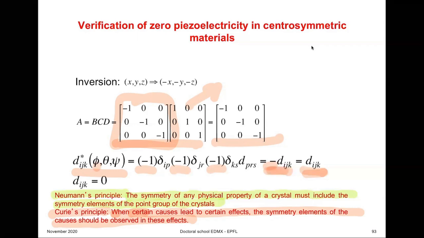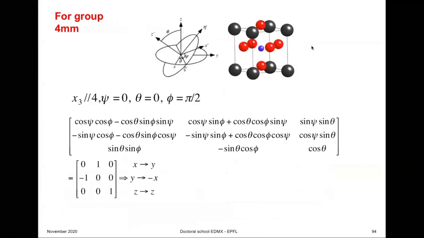If something is equal to its negative, then it has to be 0. So we have a mathematical proof, based on Neumann's principle and Euler transformation, that in centrosymmetric crystals the piezoelectric coefficient has to be 0.